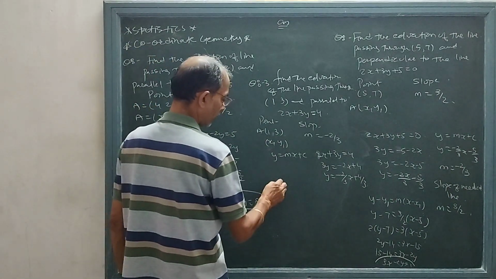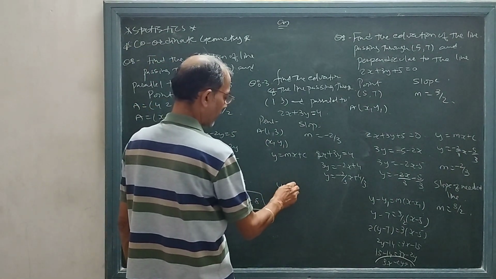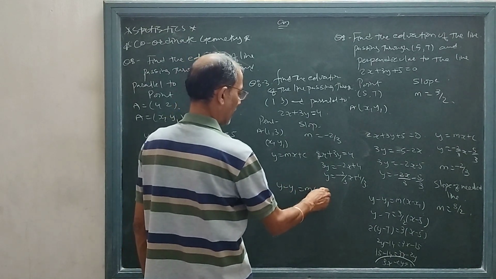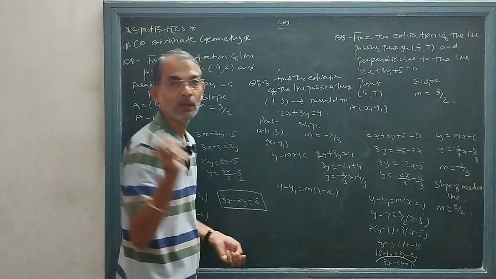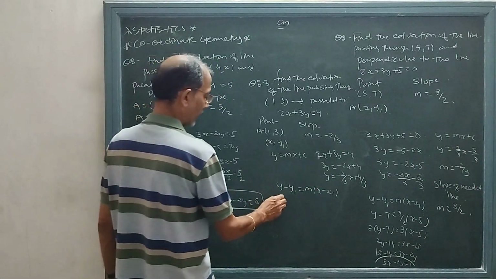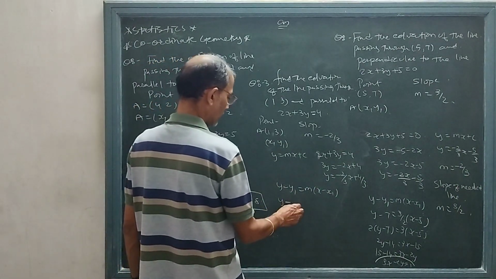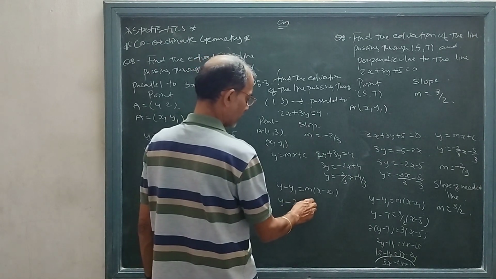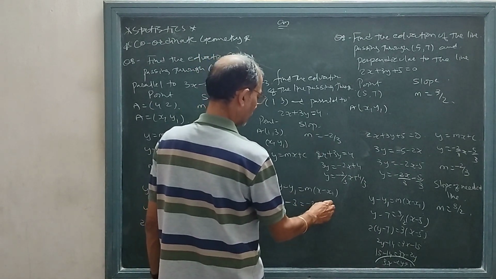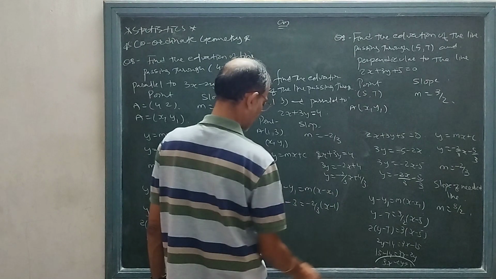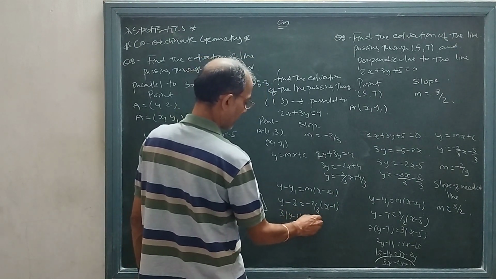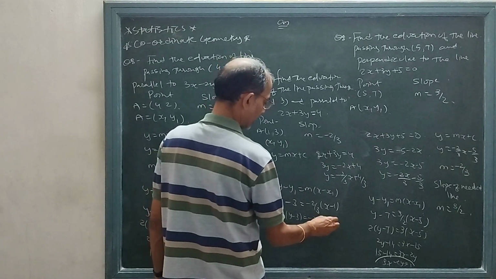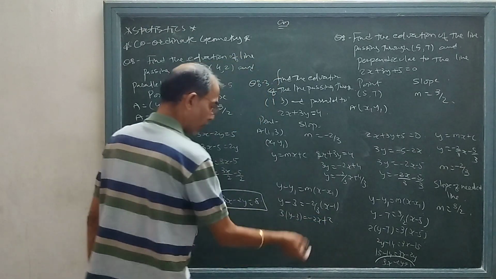Now the formula for the required line is y minus y1 is equal to m times x minus x1, as we have the slope and point. So the required line will be y minus 3 is equal to m, which is minus 2 by 3, times x minus x1, which is 1. 3 will multiply with y minus 3, and minus 2x minus minus, plus 2.